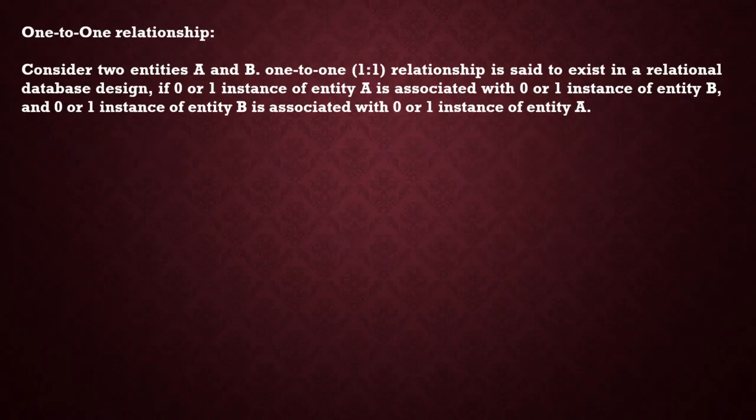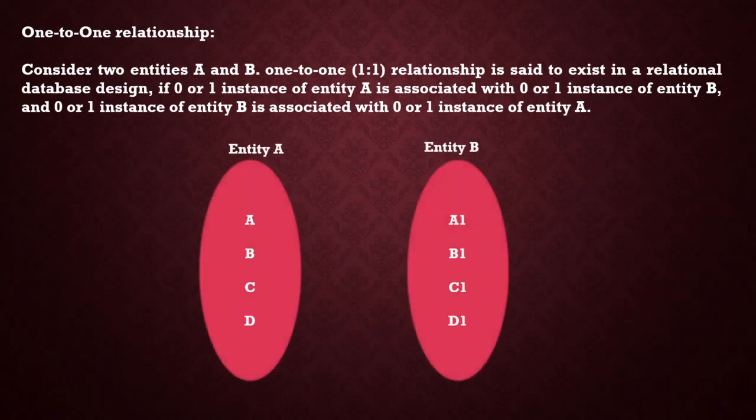One-to-one relationship is a relationship where an entity of A is associated with an entity of B. Let us see an example here.